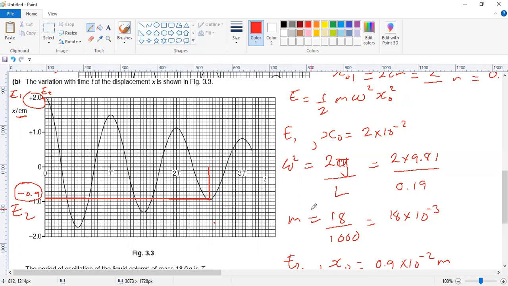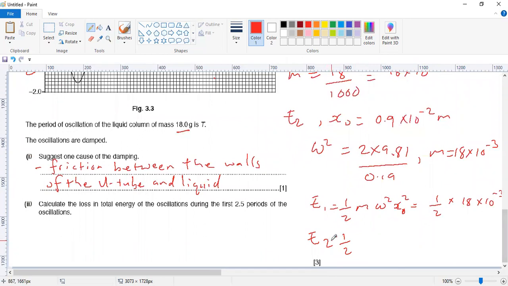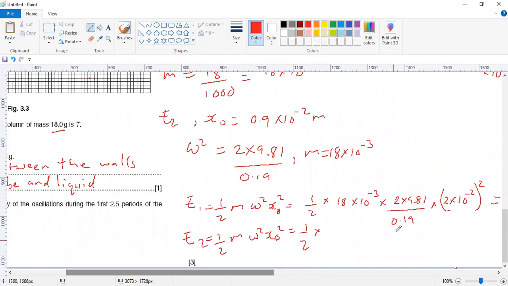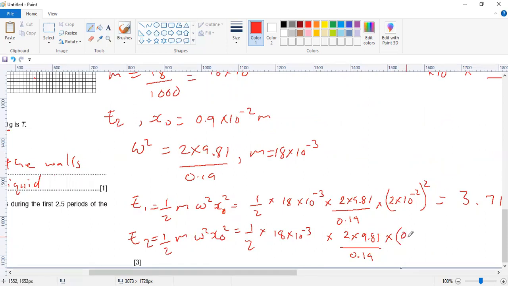All right. So E2 is equal to half m omega squared x naught squared, which is half times the mass, which is the same, 18 times 10 to the power minus 3, times omega squared, 2 times 9.81 over 0.19, the same as there, times what we only change is the amplitude, 0.9 times 10 to the minus 2, squared. What would that give us?